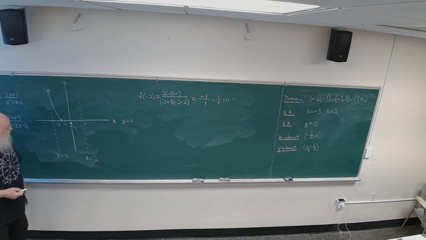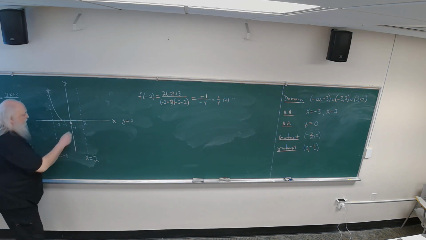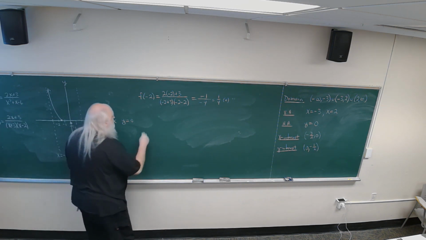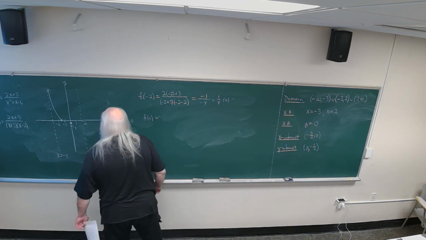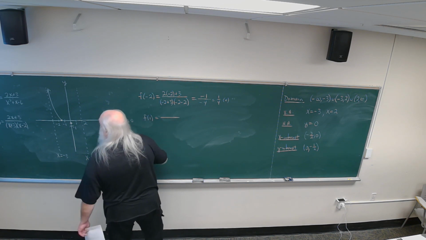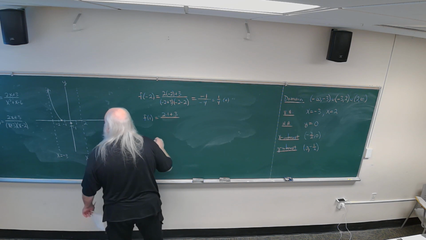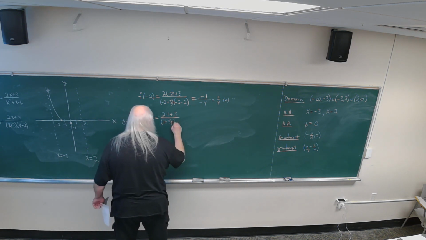Okay. But we'll test the value of the function here at x equals 1. Right, x equals 1 is between the y-intercept and the vertical asymptote, x equals 2. And so when we evaluate the function at x equals 1, we have f of 1 is equal to 2 times 1 plus 3 over 1 plus 3 times 1 minus 2.